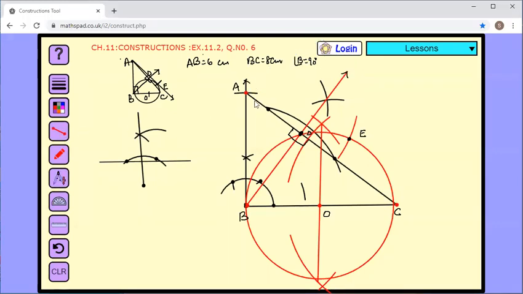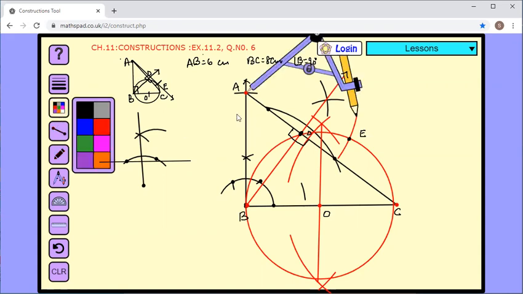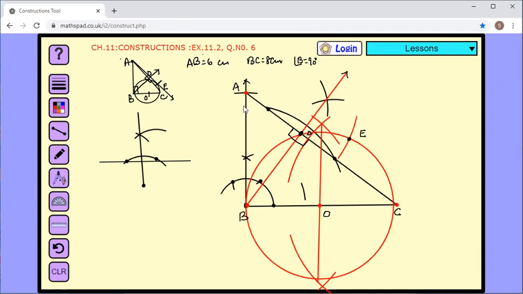And now we will join AE to get the other tangent.